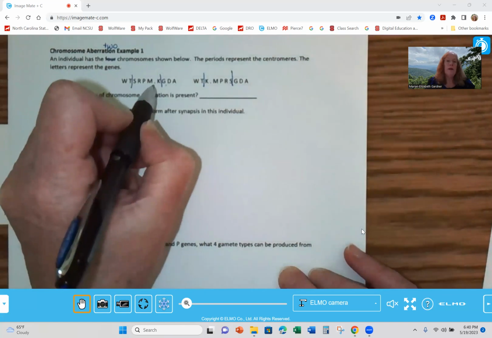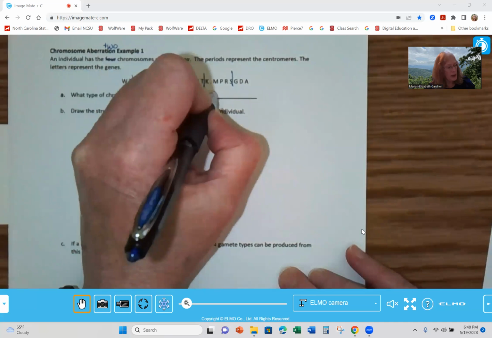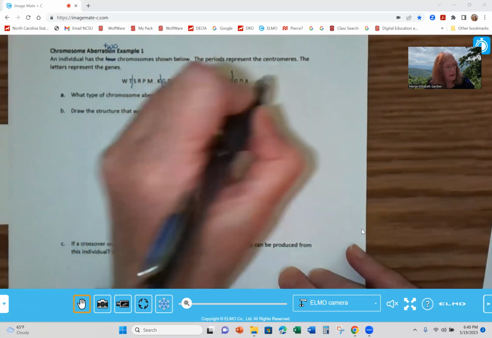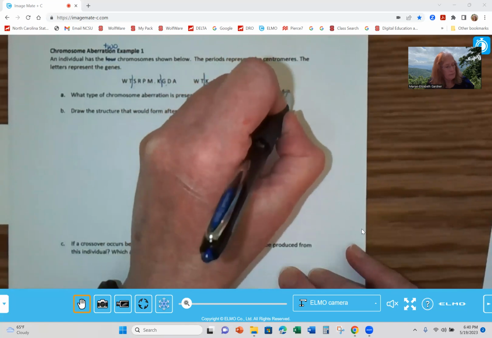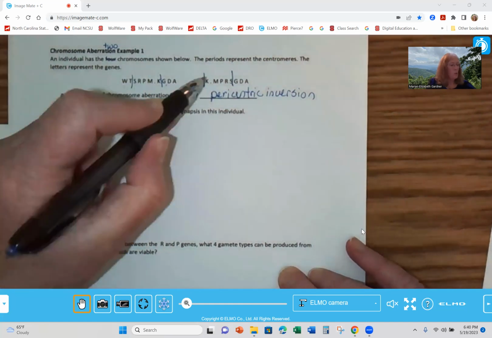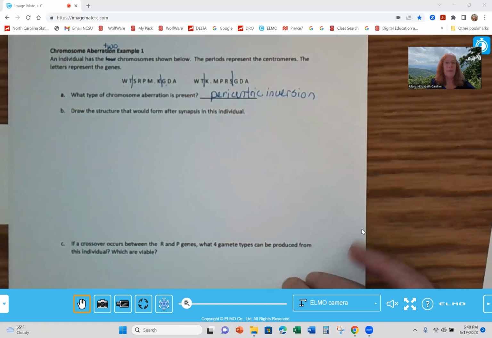Notice that the centromere is among the area where the inversion occurs. That means we have a pericentric inversion. A paracentric inversion would mean that the centromere was outside of the inverted sequence.